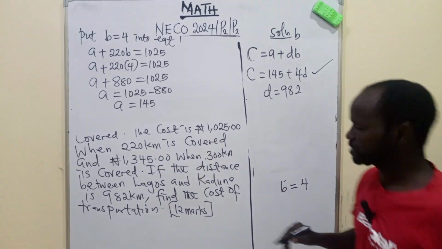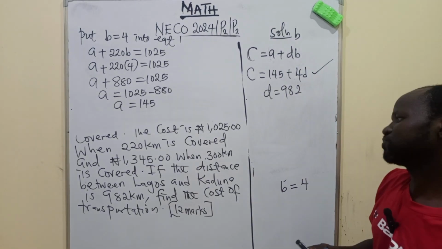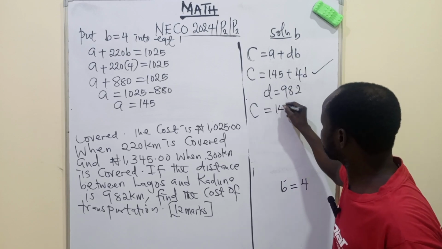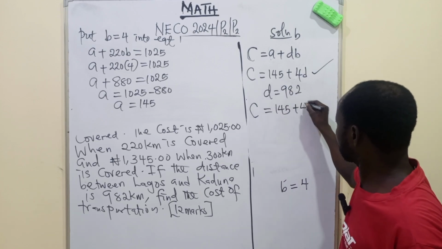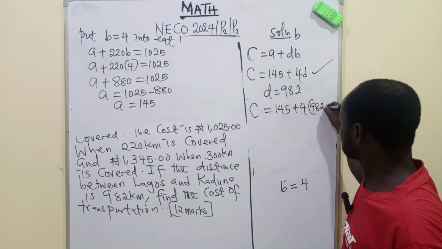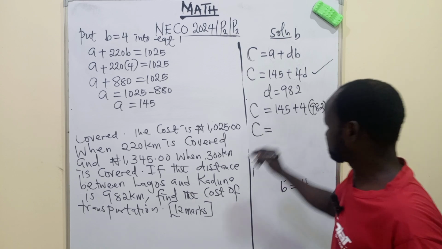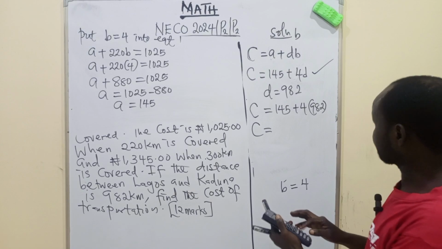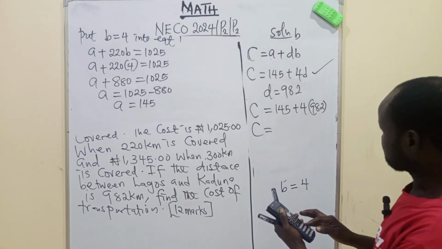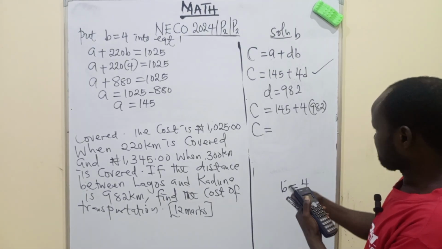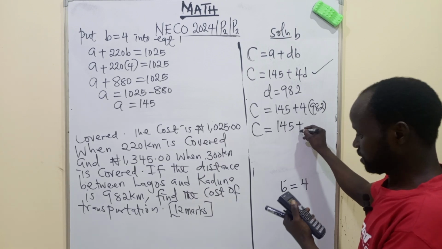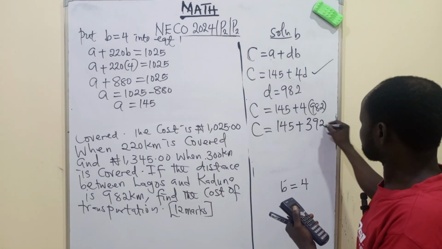So we substitute. So the cost of transportation from Lagos to Kaduna will be C now, which is the cost will be 145 plus 4 into 982. So the cost of transportation from Lagos to Kaduna will be, we multiply 982 times 4. We have 145 plus 3,928.